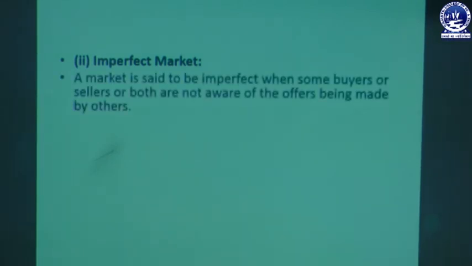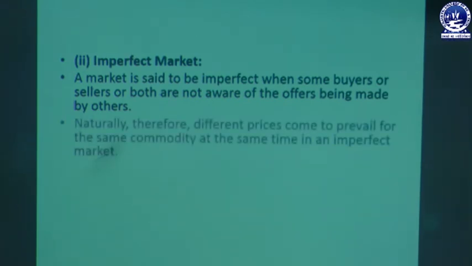And the other one that we have is the imperfect market. A market is said to be imperfect when some buyers or sellers or both are not aware of the offers being made by others. Naturally, therefore, different prices come to prevail for the same commodity at the same time in an imperfect market.